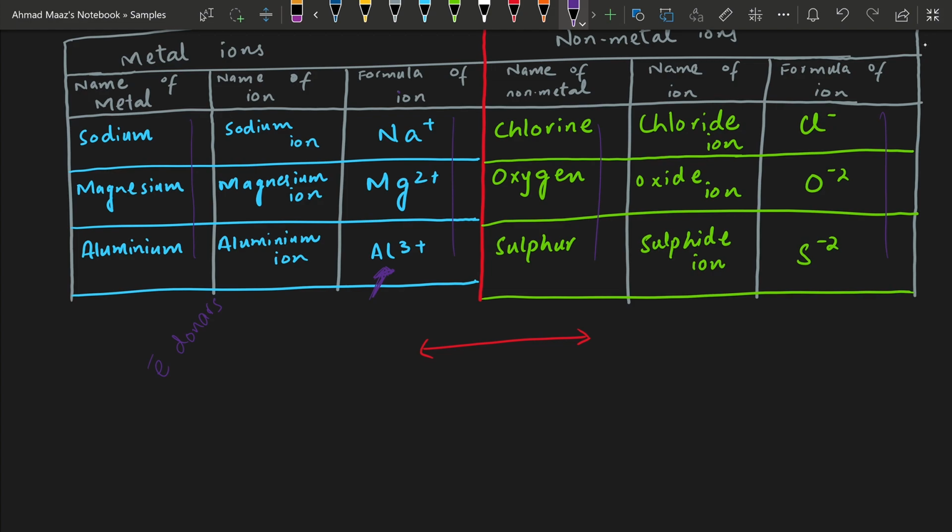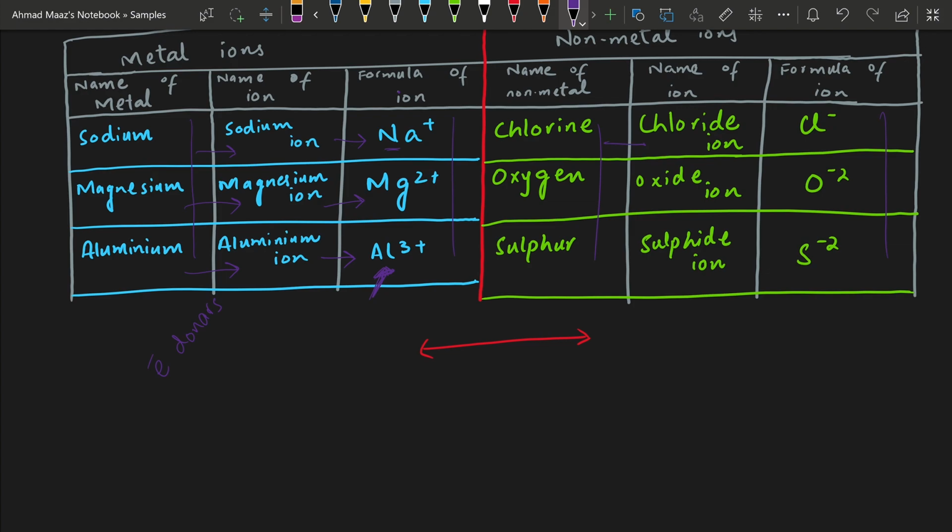For example, sodium forms a sodium ion when it loses one electron. It becomes Na positive. Magnesium becomes a magnesium ion when it loses two electrons. Aluminum becomes an aluminum ion when it loses three electrons.